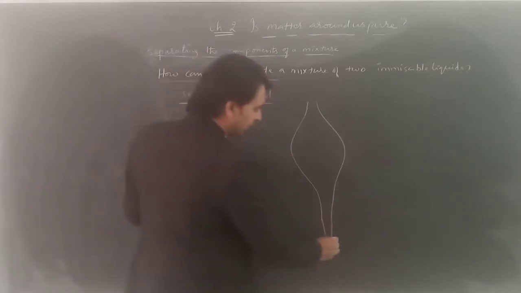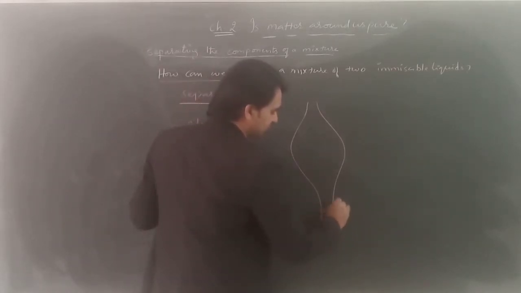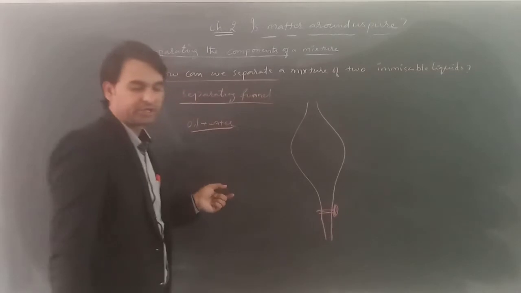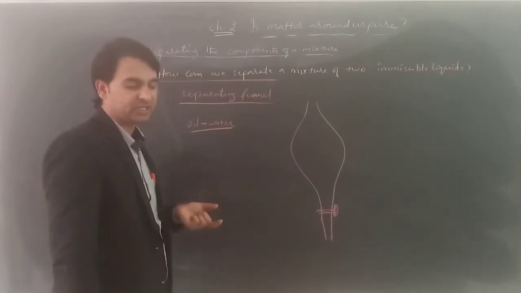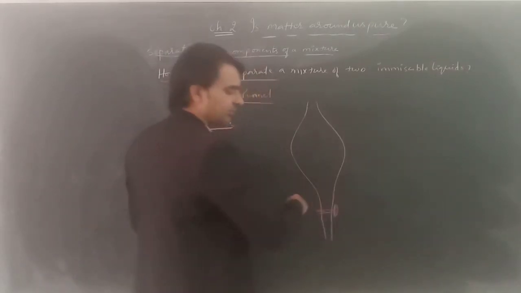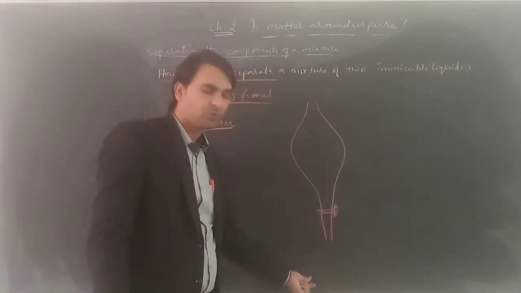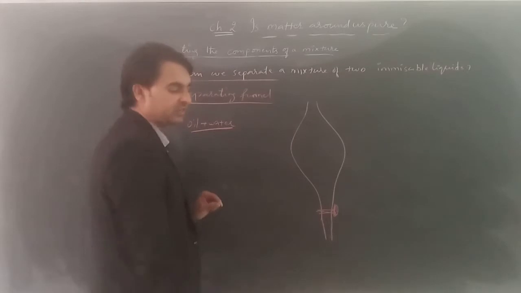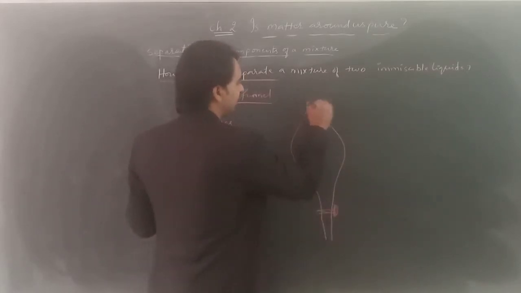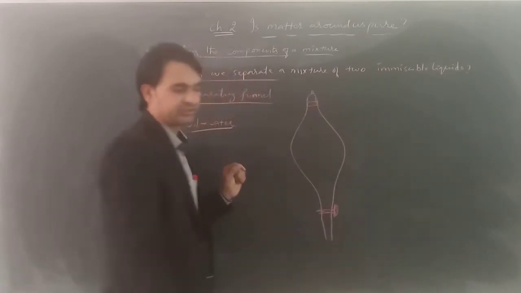It has a stop cock which we lock so that the solution doesn't fall down. It is also provided with a lid at the top with which we close it.